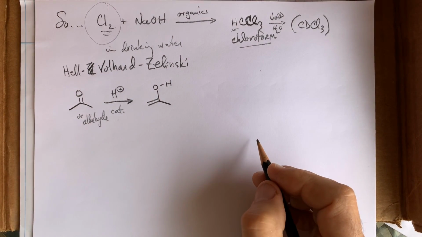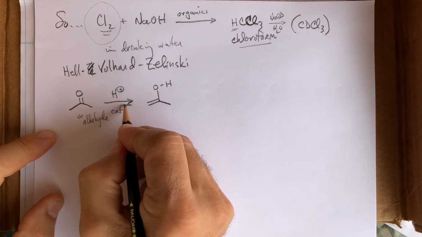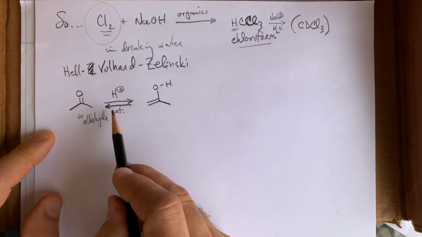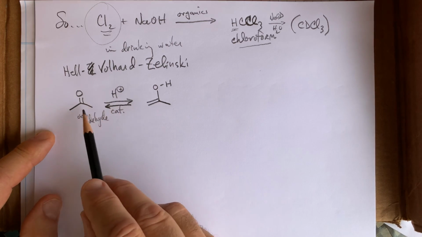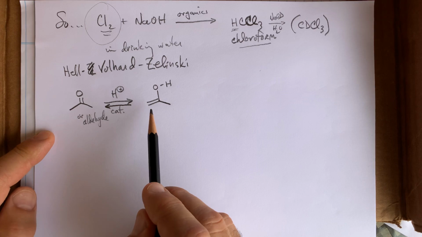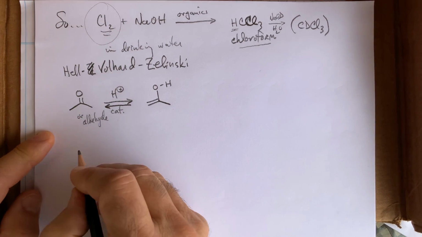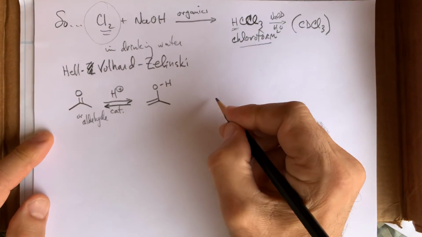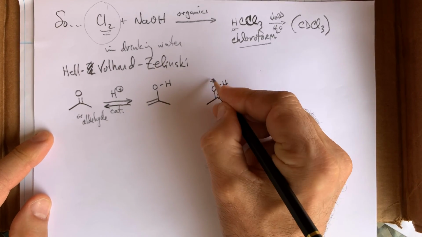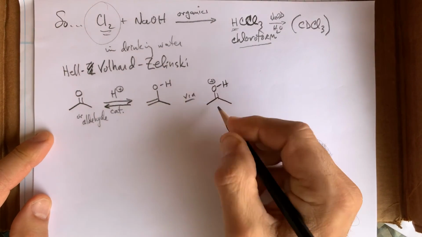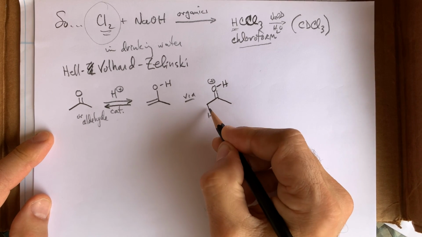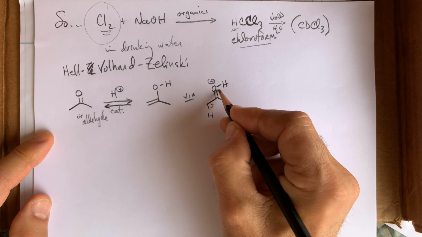Draw it that way this time. That's in equilibrium. The acid doesn't change the ratio, it just changes how fast this equilibrium is established. And that has to do, of course, with the fact that you're protonating the carbonyl and then the proton falls off.